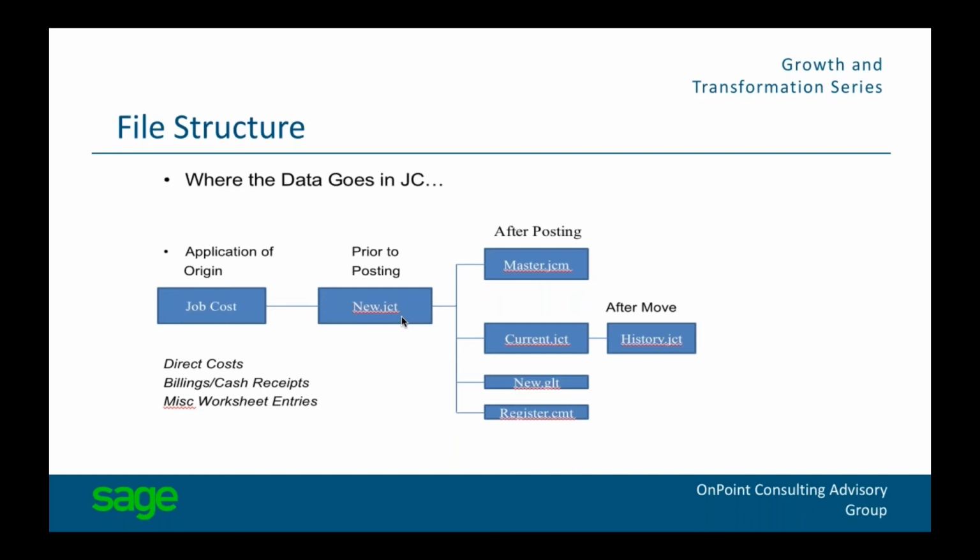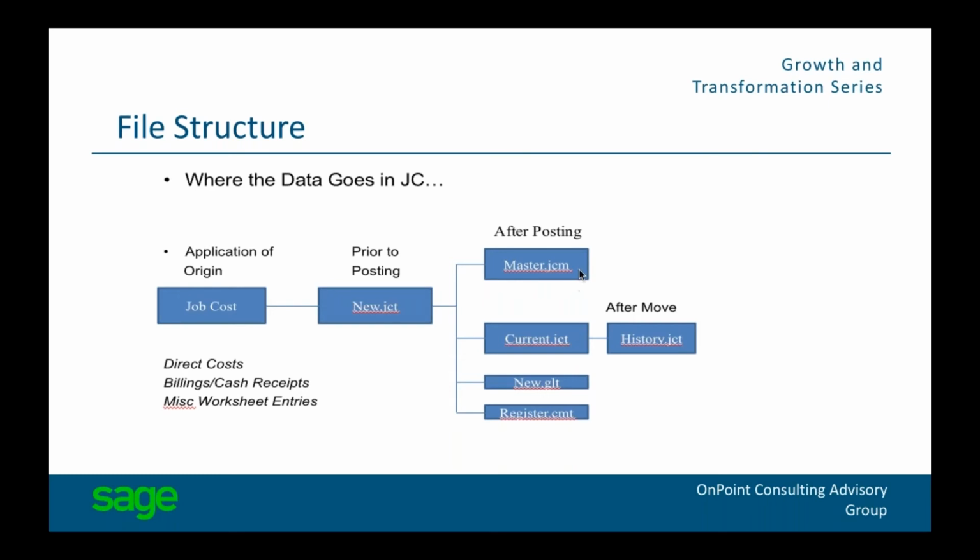Whenever you type a line in and accept that line, it's going into the new.jct file, which again is not posted. So after you tell that to post, it moves those transactions to the current.jct.